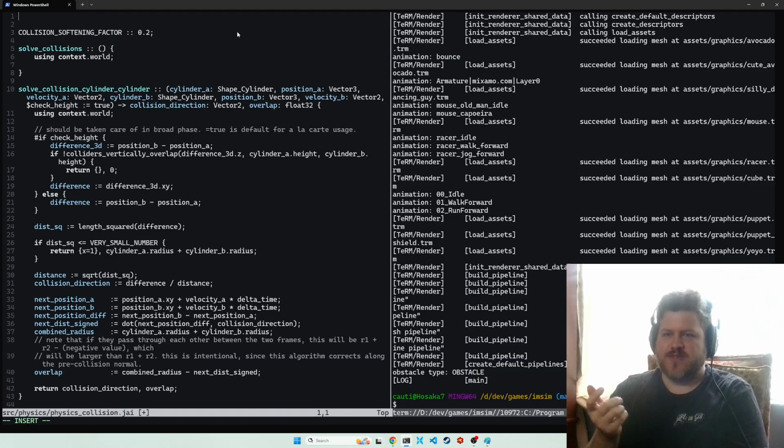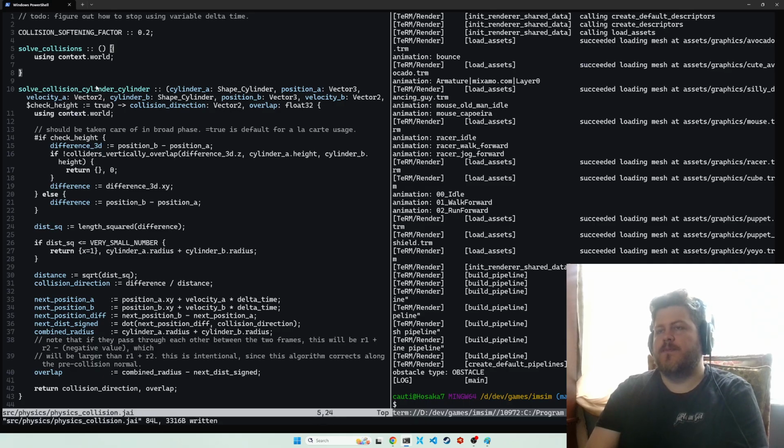Since I have a fixed physics time step, I probably should not be using this variable delta time in here. It's not good. So let's to-do that. Probably. Or figure out how to stop using it, or should I keep using it?